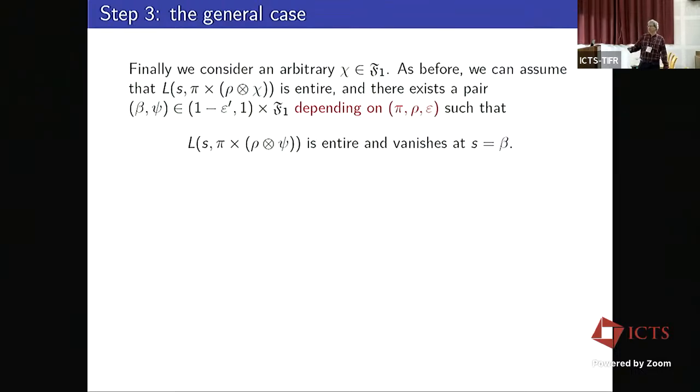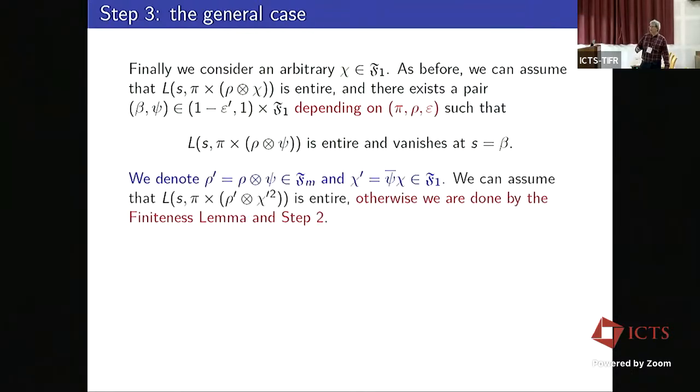So depending on pi and rho, we again fix beta, which is actually the real part of, say, the smallest twist with a zero close to the 1 line, and the psi part as well we fix.